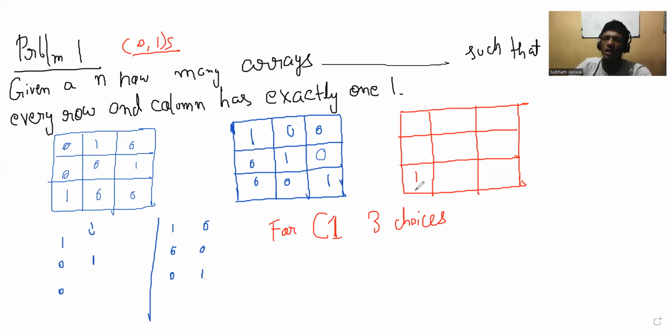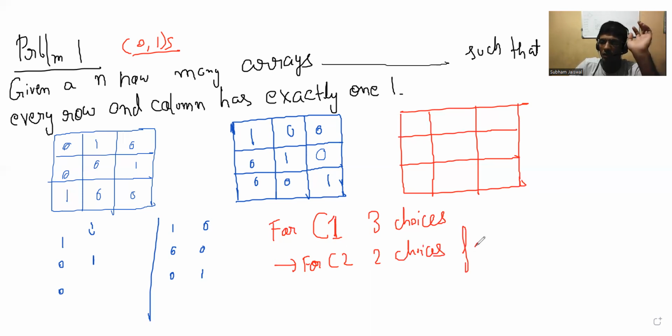Once again, the other digits, even if we do that variation, are not very hard. So 3 choices for the first column. And once you make that choice, no matter what choice you make, there are 2 choices for the second column. For C2, we have 2 choices for each of the 3 choices.